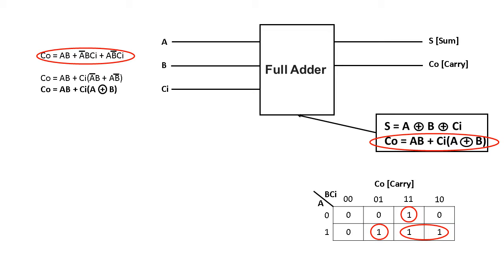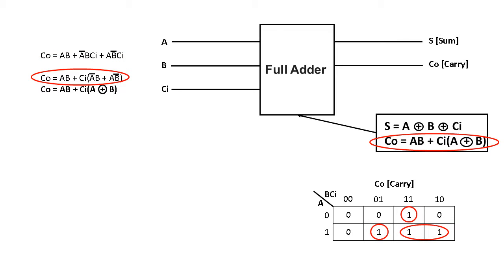You can observe A naught B Ci, that is the third field of the first row, plus A B naught Ci. You can observe that is the second field of the second row, A B naught Ci. So you can see how I have achieved this result.